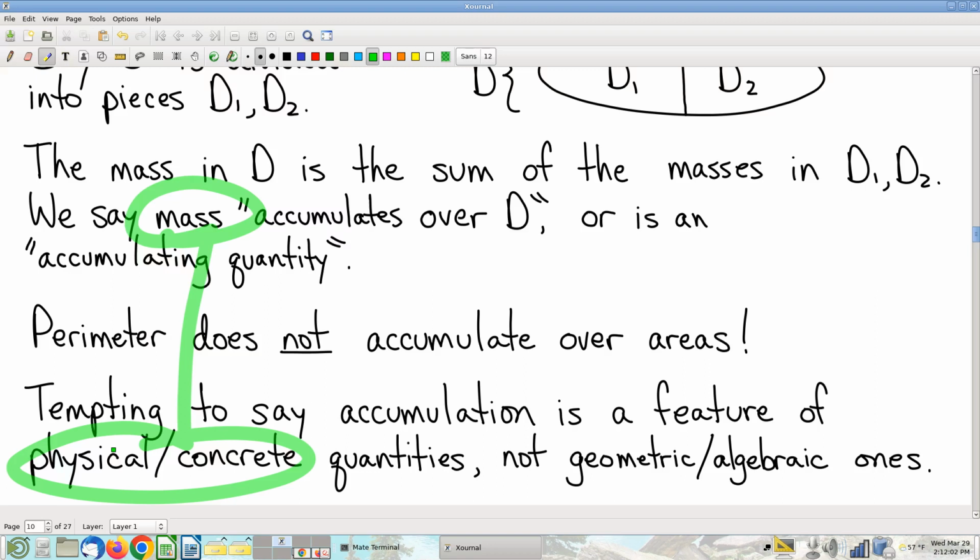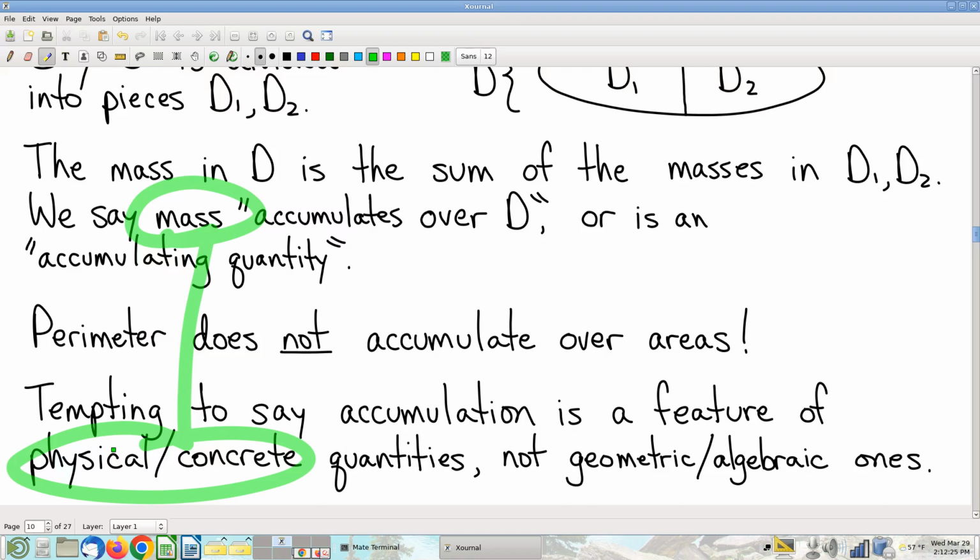It's not some abstraction that we made up. It's real. And just because I want to think of the mass on the left and the mass on the right as being different pieces, that doesn't make mass appear, it doesn't make mass disappear. So, in some sense, mass accumulates.